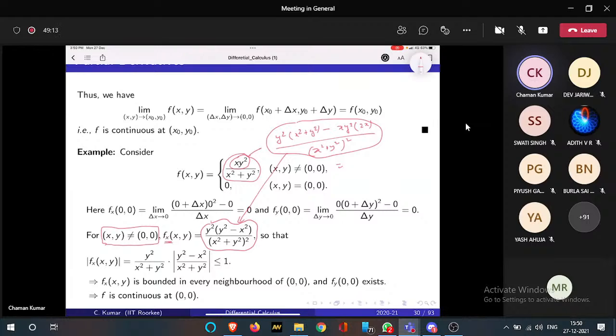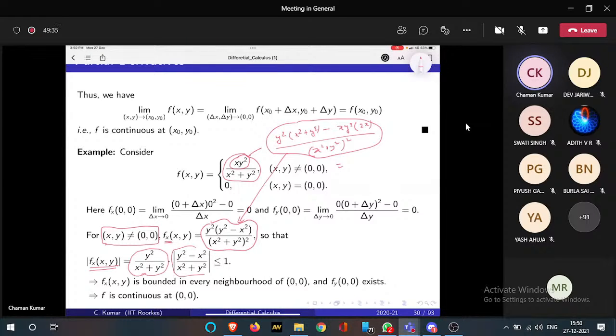Now we can check that this partial derivative is bounded. So f_x is equal to this one. You can take y square divided by x square plus y square outside. This quantity is bounded by 1. And the other one is y square minus x square divided by x square plus y square, which is also bounded by 1.